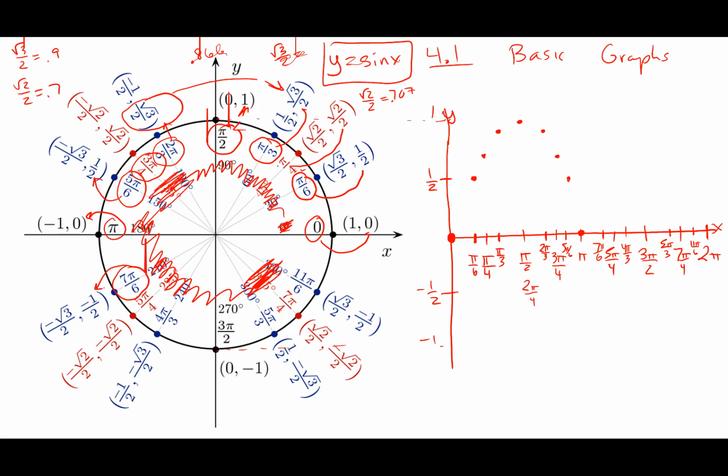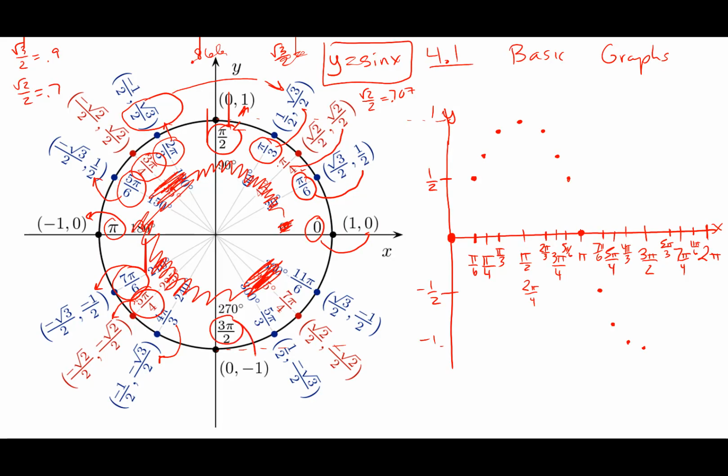So at 7 pi over 6, it goes underneath. Now it goes to a negative 0.5. At 5 pi over 4, a negative 0.7. At 4 pi over 3, a negative 0.9. And at 3 pi over 2, probably a little tiny bit lower here.